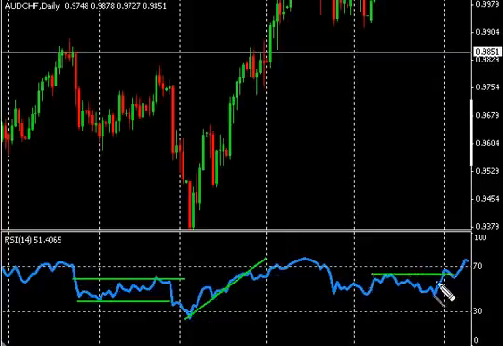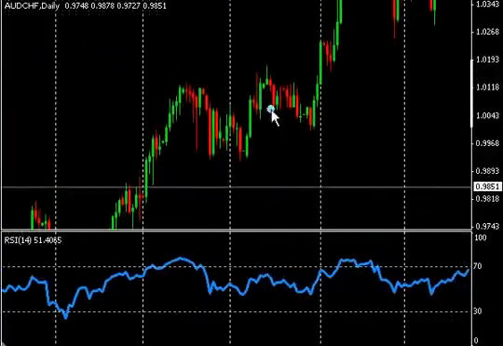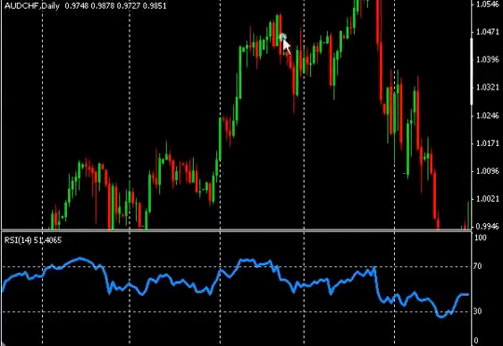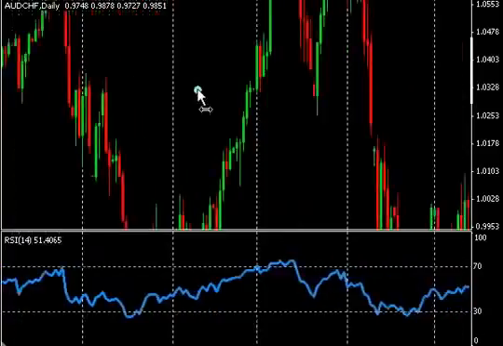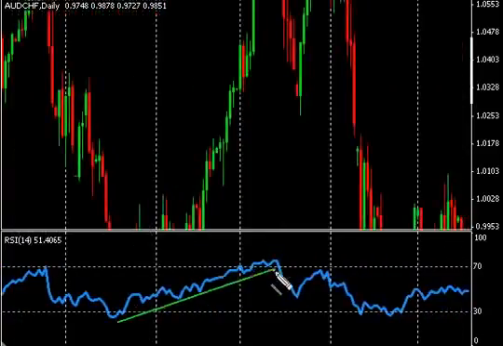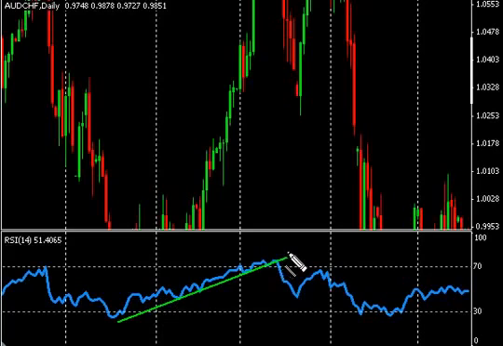But look at this. See how it's kind of range bound and it doesn't know what it's doing, and then we have a pop up. Well, let's look at what that looks like. It's a corrective period and a pop up. Isn't that interesting? Here we have a long, nice directional movement, and it's going somewhere.